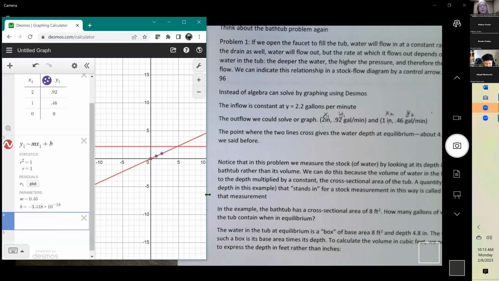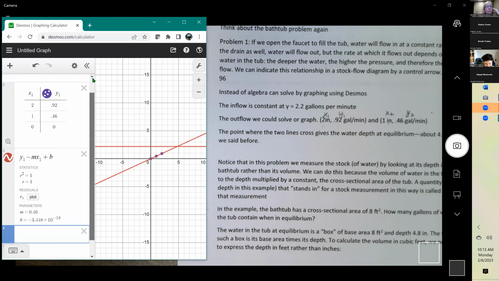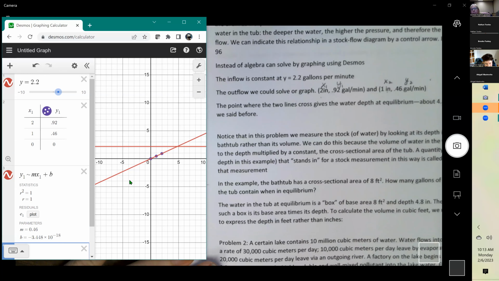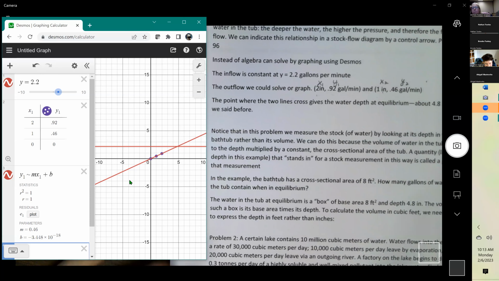So I'd rather have you learn more material and understanding sustainability and how to understand that with more technology. So as much as possible, if we can use it, and I like Desmos because it's free. Just click.